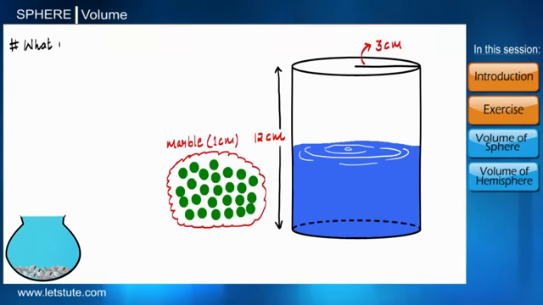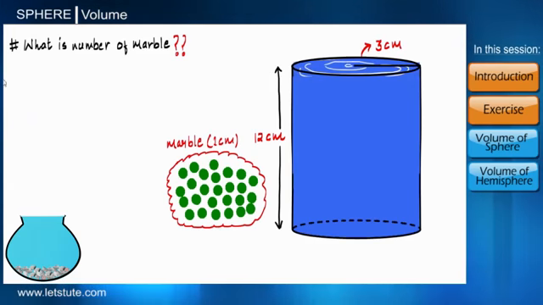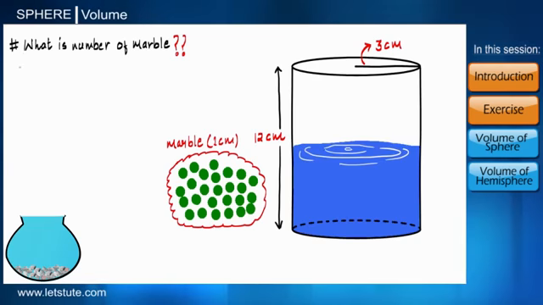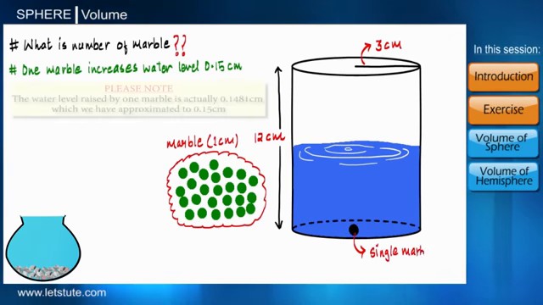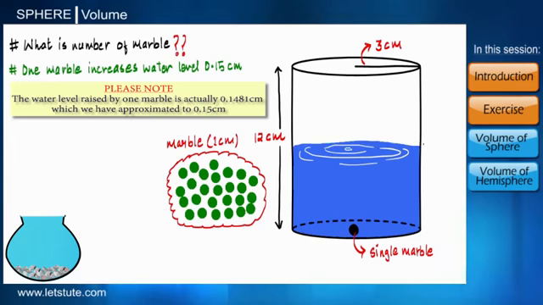So tell us the number of marbles that will be required to raise the water level to the height of 12 cm. For instance, if additional information is given that one marble increases the water level in the glass to a height of 0.15 cm. Can we now calculate the number of marbles required?